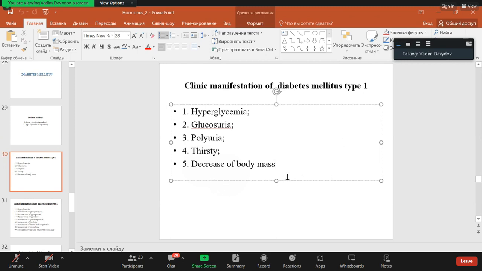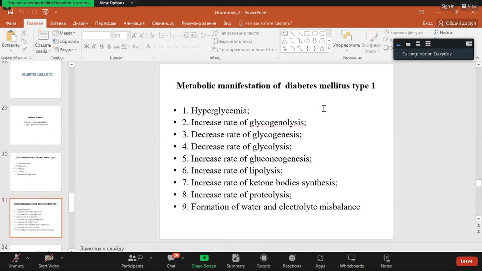Diabetes mellitus type 2 is coupled with increased body mass, such as obesity, which is one very important cause of diabetes mellitus type 2. So that is about clinical manifestation.